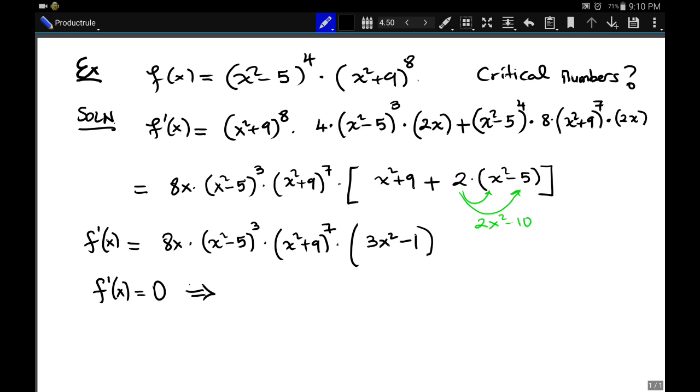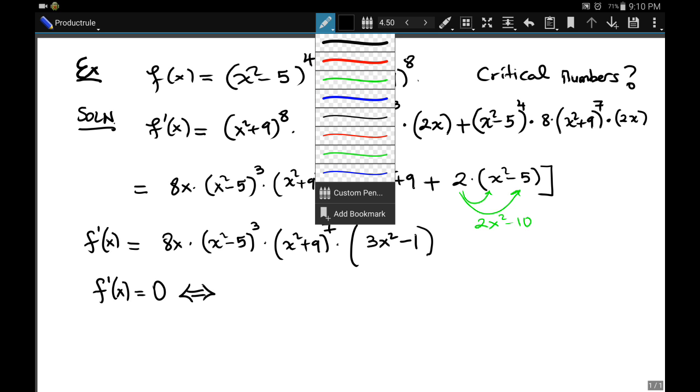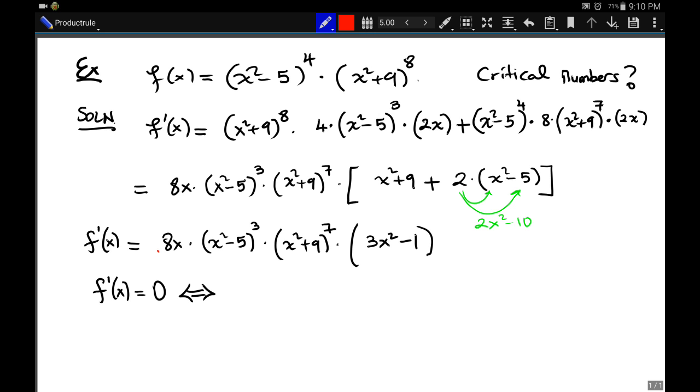In a sense, we are finding the points at which f has a horizontal tangent line. So in this case either this factor is 0, or this factor is 0, or this factor is 0, because x squared plus 9 is always greater than or equal to 9, and then to the power 7, so this whole thing is greater than 9 to the 7 actually.